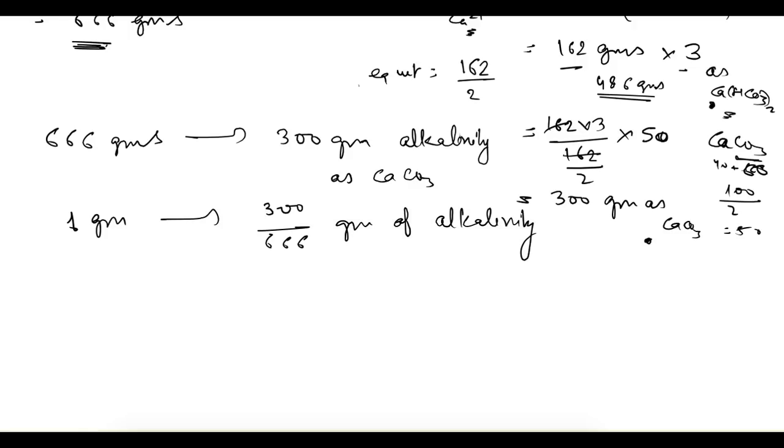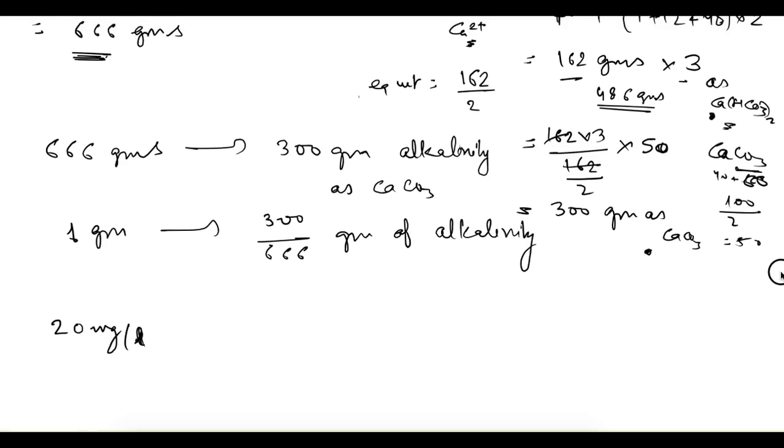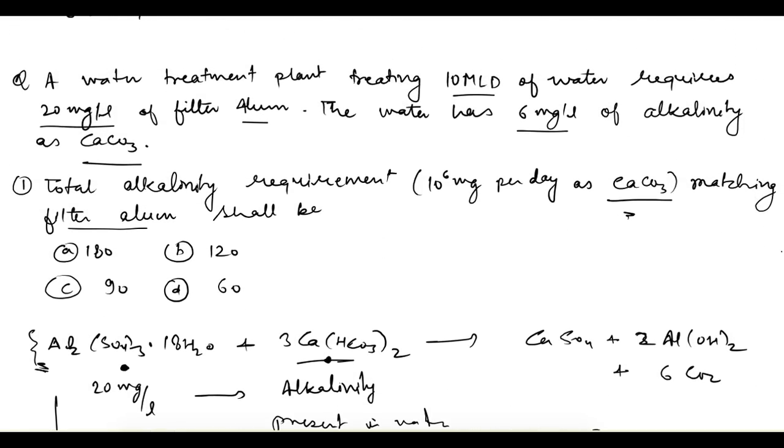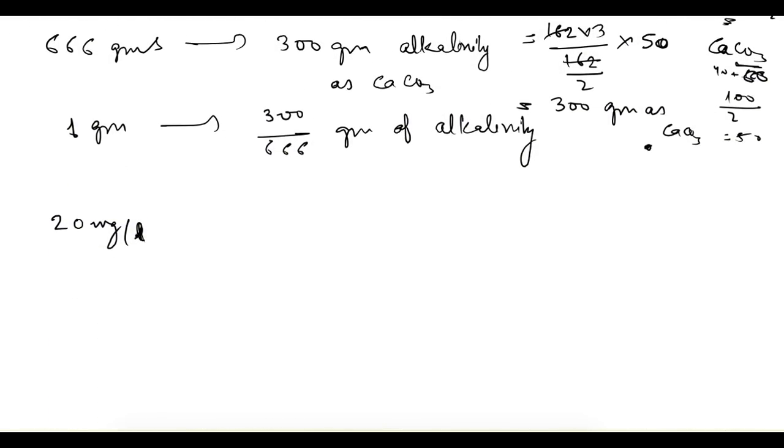Now we can find out for the given quantity, that is for 20 milligrams per liter, how much alum would be required. So what is the total quantity of water? It is 10 MLD. So the total quantity of alum would be 20 milligrams per liter into 10 MLD, that is 10 into 10 to the power 6 liters per day.